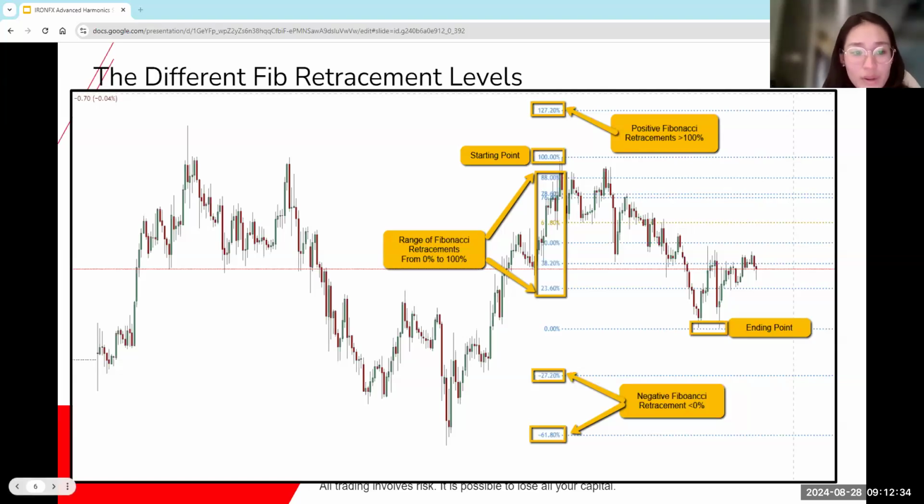The reason why we are going through Fibonacci first is because harmonics plays a lot into the theory behind Fibonacci levels. So we'll just do a brief recap on it in case there are some of you who haven't been with us for that long.